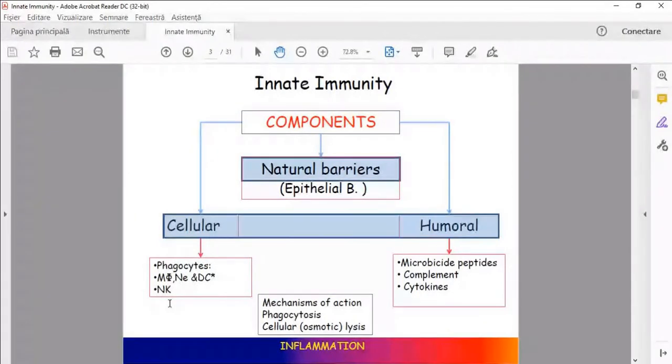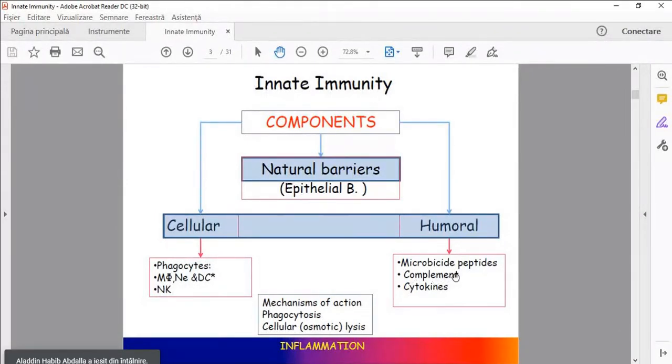If you remember, I told you last Friday about them, epitopes belonging to antigens. They also include soluble factors, which are composed of microbicides, peptides, proteins belonging to the complement system, and also cytokines, which are secreted by cells belonging to innate immunity.